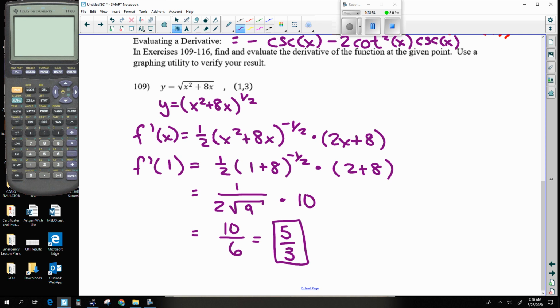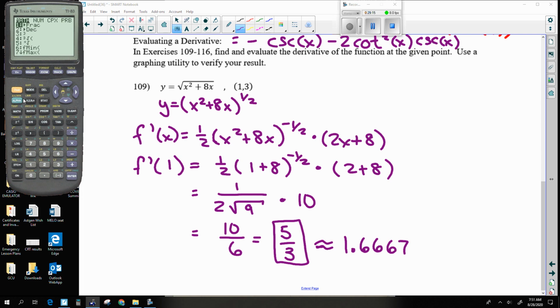Using the graphing utility to verify your results. So this answer, in a calculator version, is going to be 1.666667. So let's see if we're right. They want us to use a graphing utility or a calculator to verify your result.